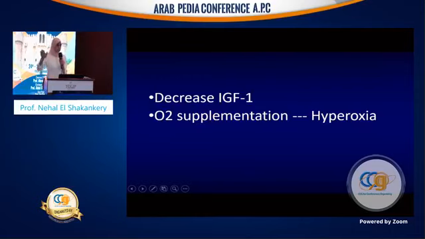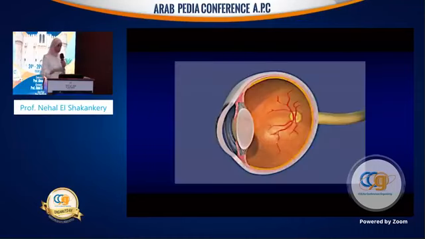Also, oxygen supplementation in NICUs produces a state of hyperoxia. As a result, there is a decrease in VEGF, so normal retinal vascularization stops. No retinal blood vessels will proceed anteriorly.